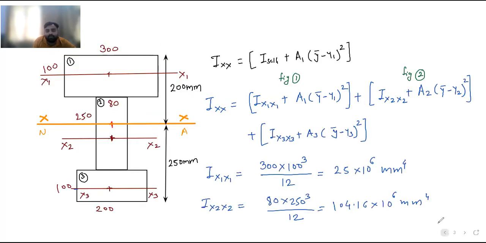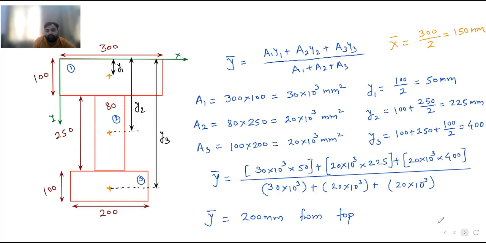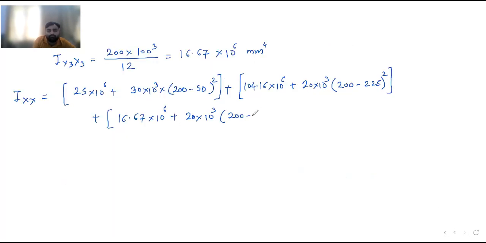The value of y3 we have already calculated, 400. Therefore Ixx is equal to, solve it. Let me know the answer.